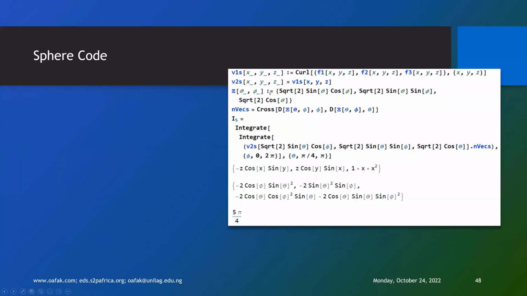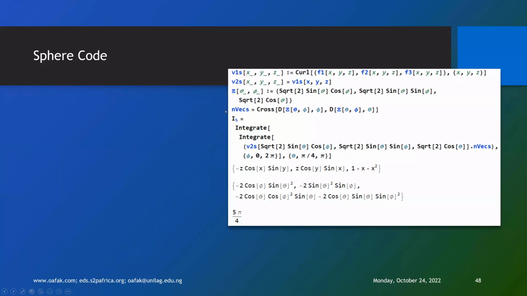And then after that, you take the variable that is the position vector on the surface, and you expand it this way. This is a vector, by the way. This is the x component, this is the y component, and this is the z component. With that, you can now take the cross product of the derivative of this with respect to phi and the same derivative with respect to theta.